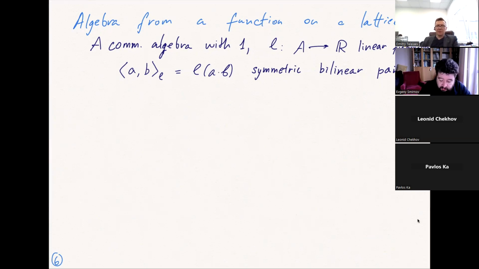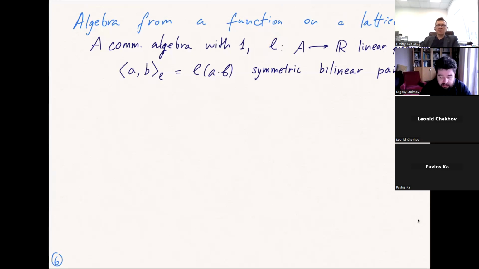Well, first, the abstract algebraic definition. Suppose A is a commutative algebra with identity, and I have a linear function L on this commutative algebra. So to any element of A, I assign a number in a linear way, and then I can say that I have a symmetric bilinear pairing on my algebra, namely to take the bracket of two elements, you need to multiply them and apply L.